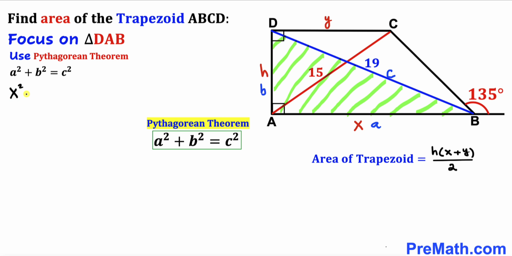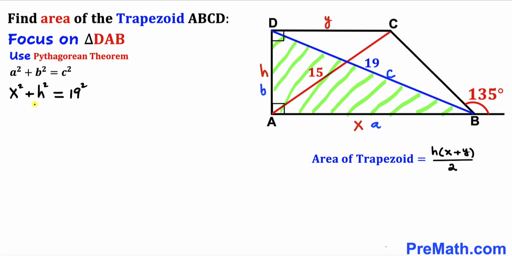So this becomes x square plus b is h square equals c is 19 square. So let's simplify. That is going to give us x square plus h square equals 361. Let me go ahead and call this our equation number 1.